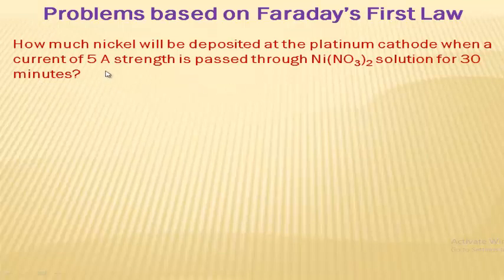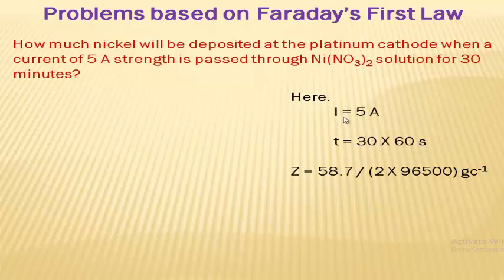And so you can easily calculate W, because you can also calculate the value of Z from this. So follow this: I equal to 5 ampere, T equal to 30 minutes, converted into seconds. And Z, how can we calculate?